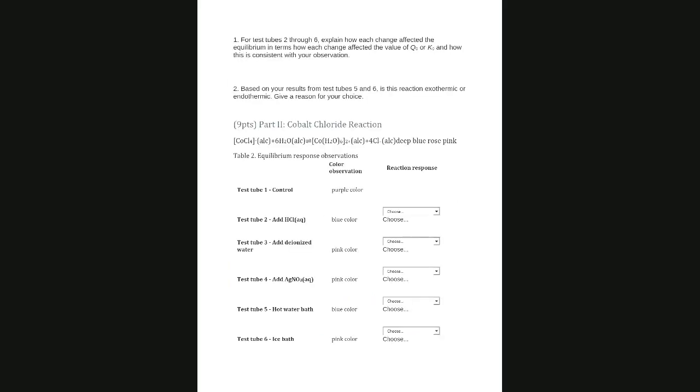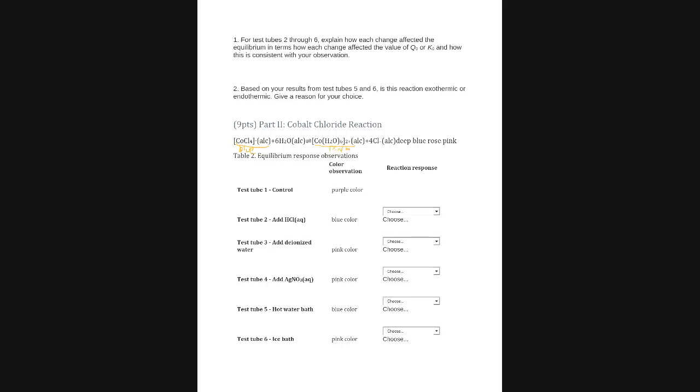And then you will have to do exactly the same for a different system. So you will have a different reaction. You have this reaction that when it's dissolved in alcohol has a blue color, and when you add water, has a pink color.